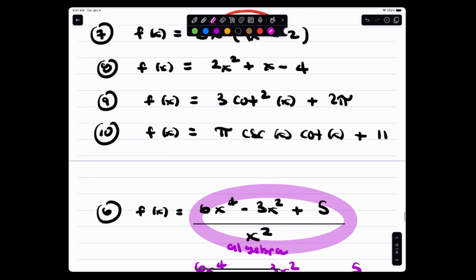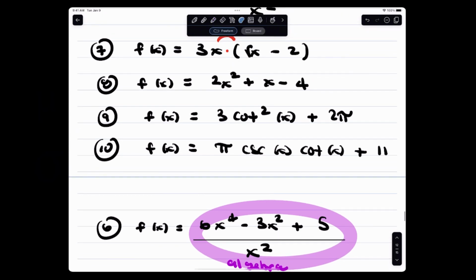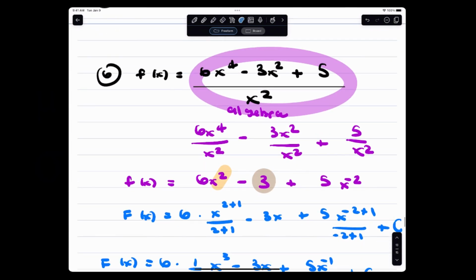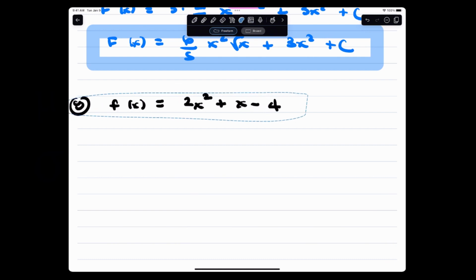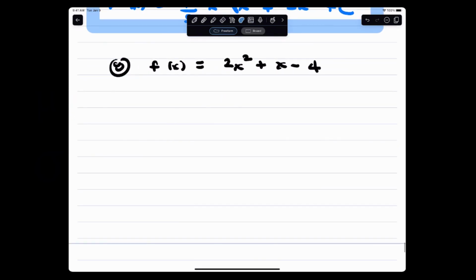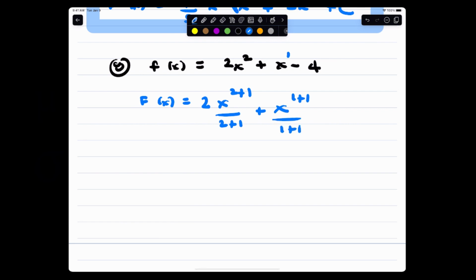Let's do number 8 now. I think it's doable, but you're going to have to do a little bit of some work here, some arithmetic. All right, antiderivative. Keep the constant 2. Power rule. 2 plus 1. Power rule. 1 plus 1, minus that 4x plus c.